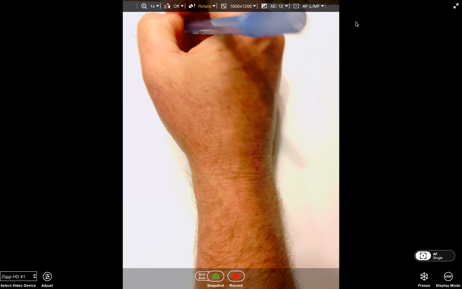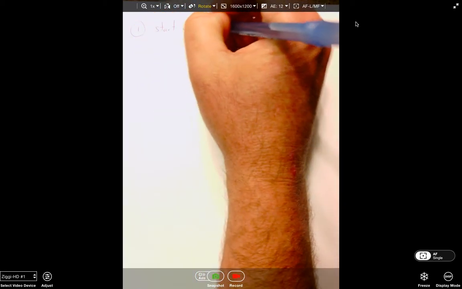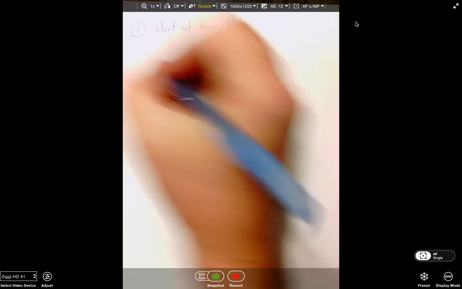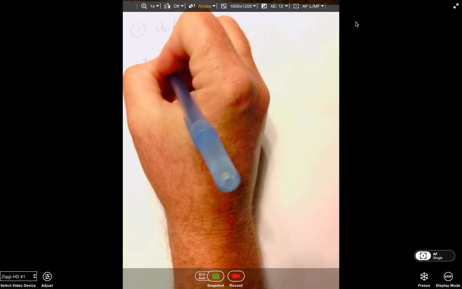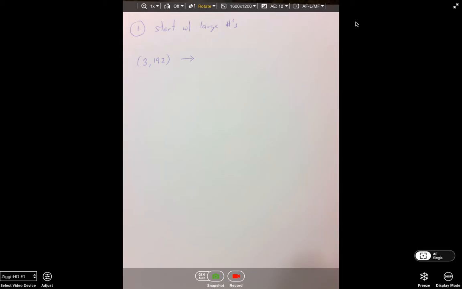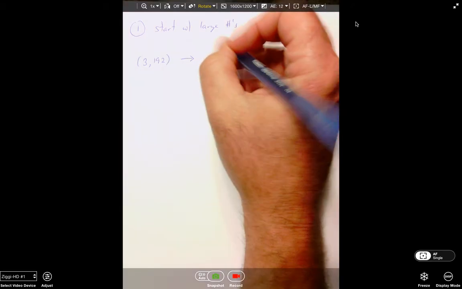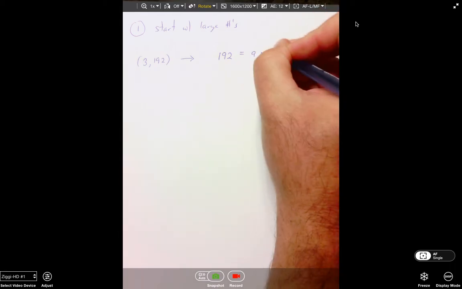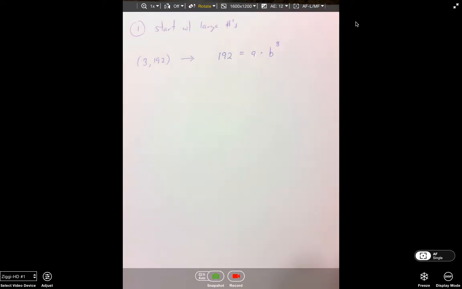The first thing I would always do in coming up with the equation of an exponential function is start with the big numbers. Okay, so I would know that from (3, 192), when I have the form y equals a times b raised to the x power, my y is a times b raised to the 3rd power.